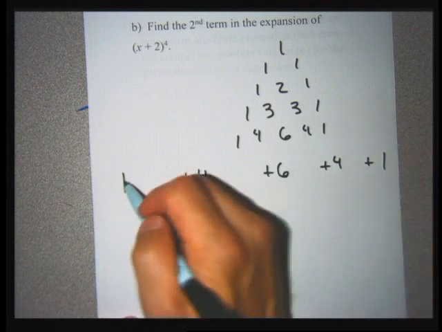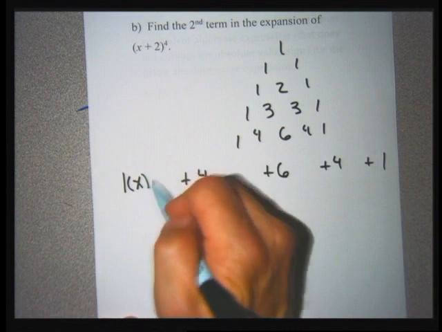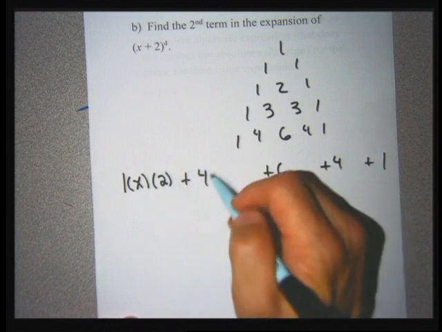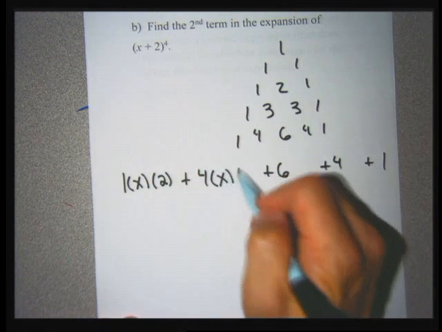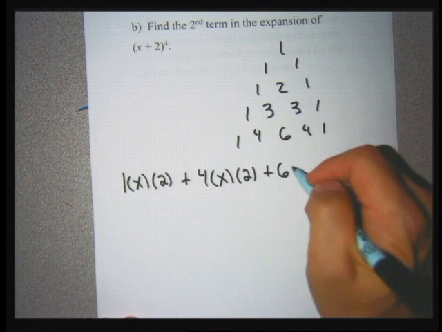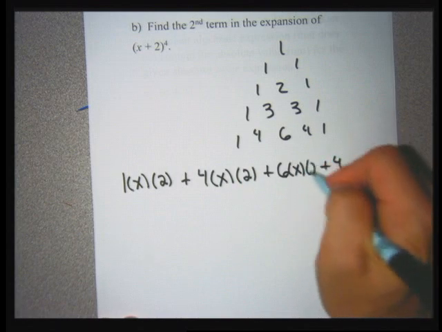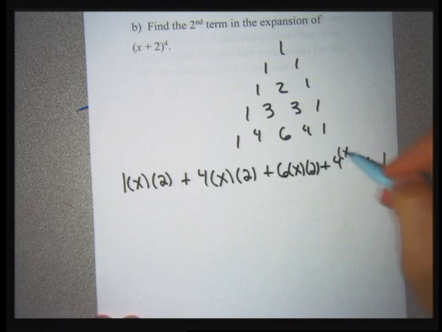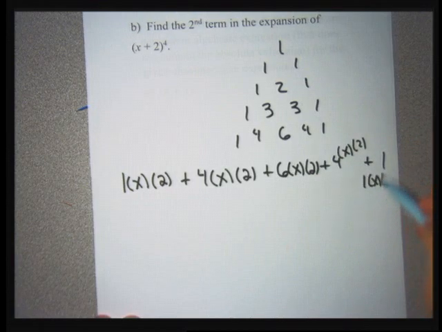And then I get an x with an exponent, a 2 with an exponent, an x with an exponent, a 2 with an exponent. And I can do that all the way down, set up for every term. But I only need the second term, so I'm not going to get as crazy this time.